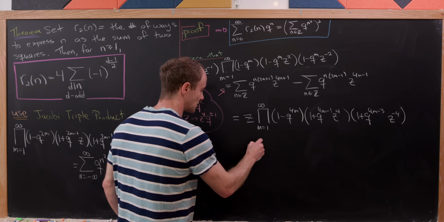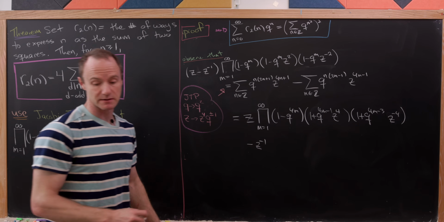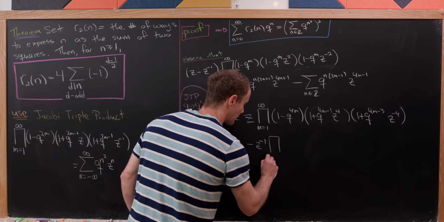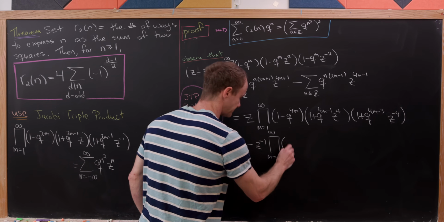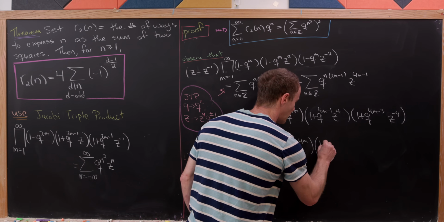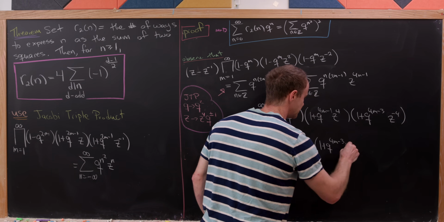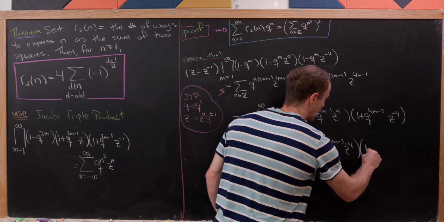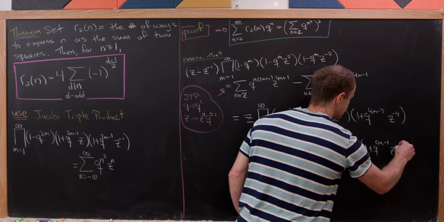And for the second term with the Jacobi triple product identity, we'll have minus z^(-1), and then we'll have the product as m goes from 1 up to infinity of another 1 minus q^(4m). And now we're going to have 1 plus q^(4m-3) attached to z^4, and 1 plus q^(4m-1) attached to z^(-4).